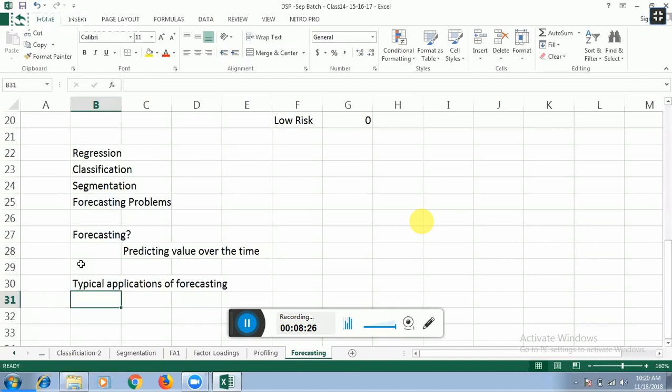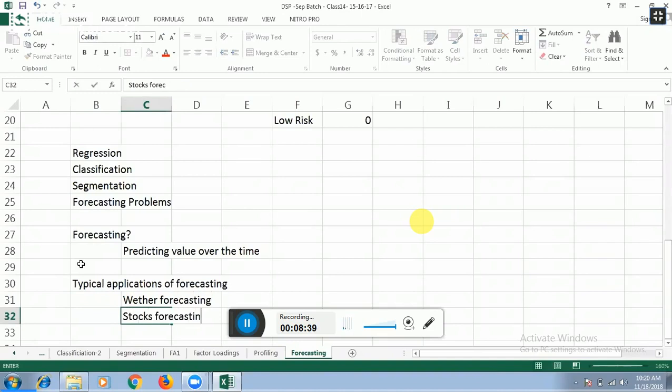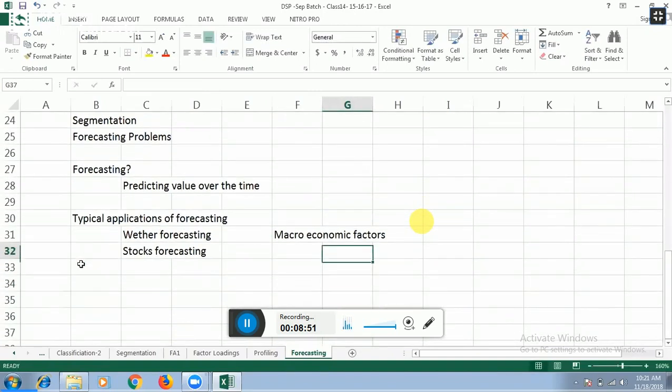Okay. So weather forecasting, or stocks forecasting, or maybe macroeconomic factors, like GDP, inflation, employment rate.